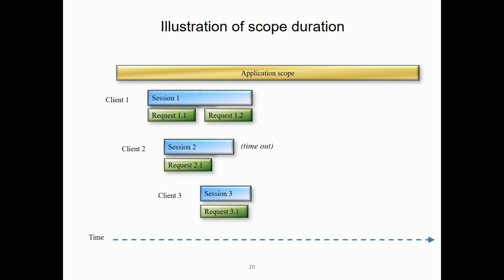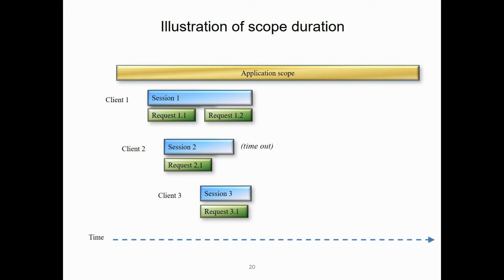Client 3 might send in a request. That will create, again, another session. And when client 1 sends another request, that request is a different object from its first request and extends the life of the session for that client. There is a countdown, a timer on every session.